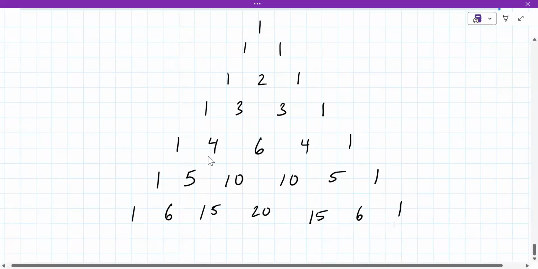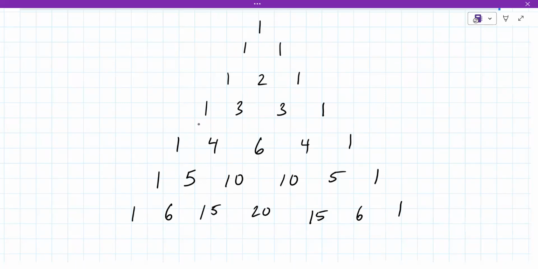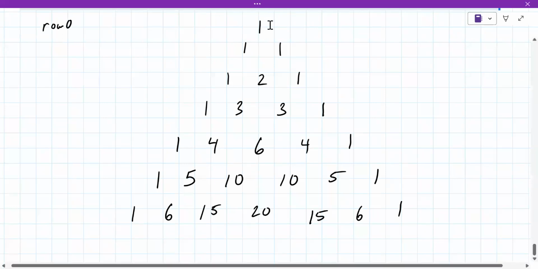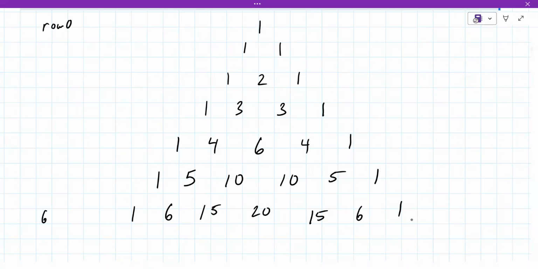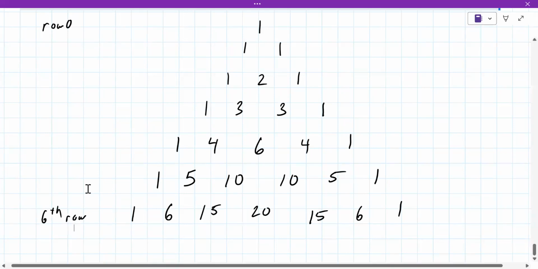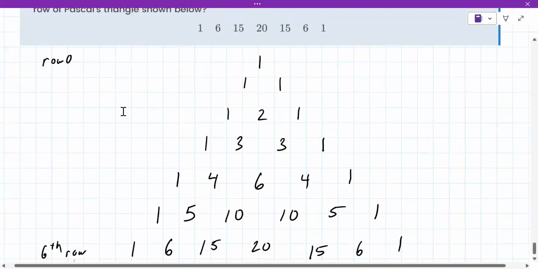Now, what's a little awkward is that they actually start at row 0. So this top one is row 0, 1, 2, 3, 4, 5, 6. So this is the 6th row, and this corresponds to the polynomial of power 6.